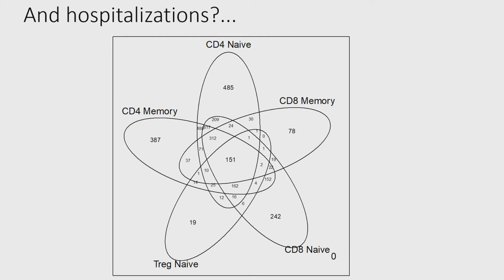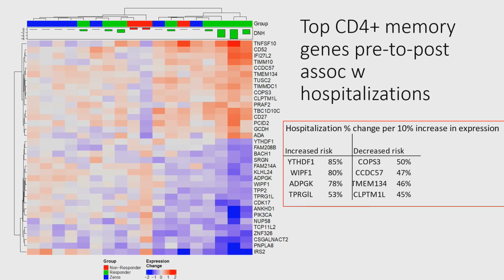And what he also showed on this Venn diagram is that there were genes that were in common to the whole CD3 lineage, so that would be these 151, but then there were also genes that were very specific to the cell subtypes. As an example, CD4 memory and CD4 naive, this combination of a CD4 group had the greatest amount. And so those were the unique ones to those particular cell subtypes.